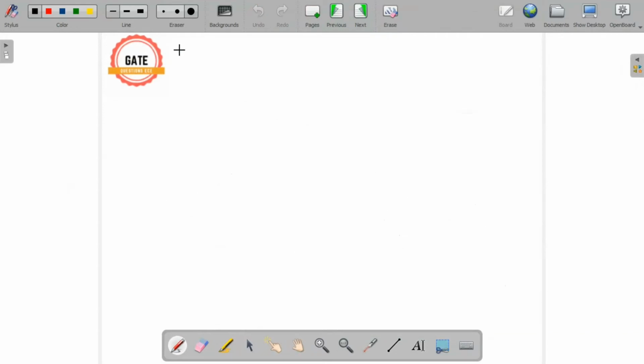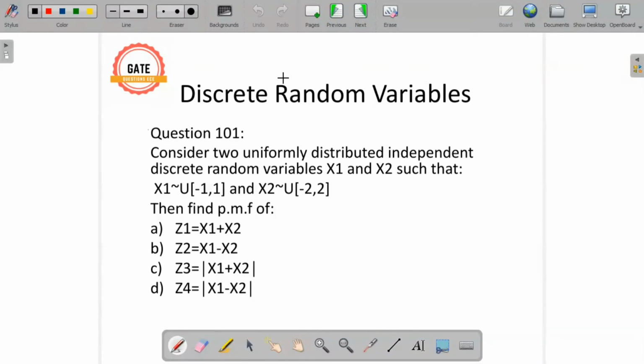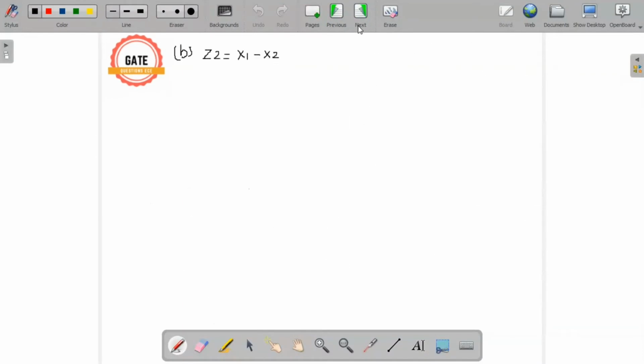Now we will calculate the next part of this question, which is Z2 equal to x1 minus x2. We need to calculate its PMF.